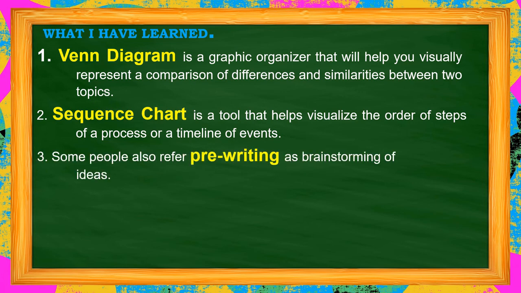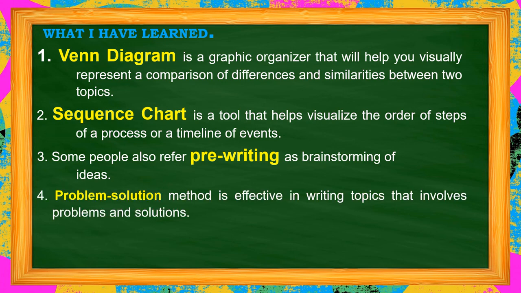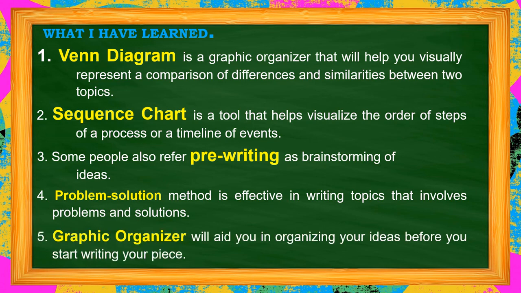Number 3, some people also refer to pre-writing as brainstorming of ideas. Number 4, problem solution method is effective in writing topics that involve problems and solutions. And number 5, graphic organizer will aid you in organizing your ideas before you start writing your piece.